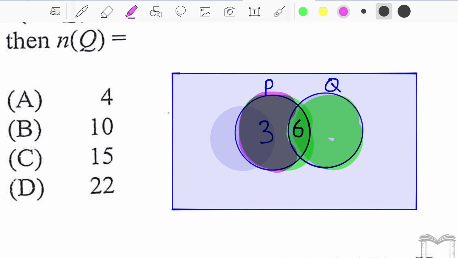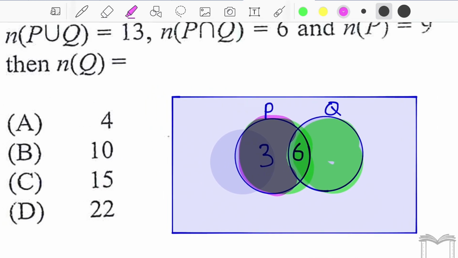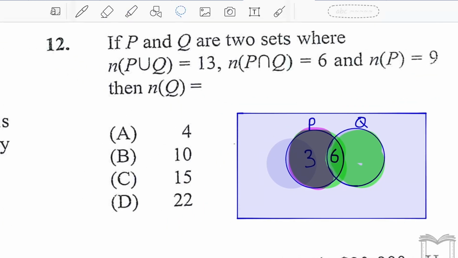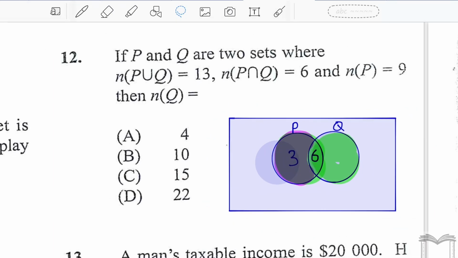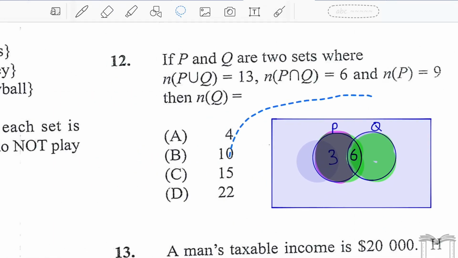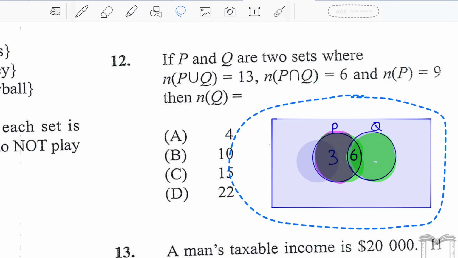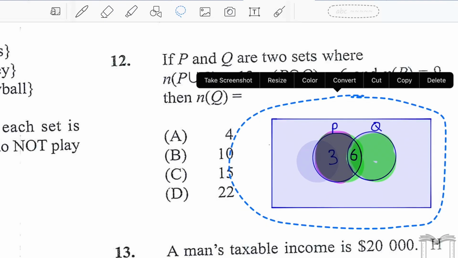Alright, so let's work that out. I already illustrated it and you all may know the answer, but let's still work it out.